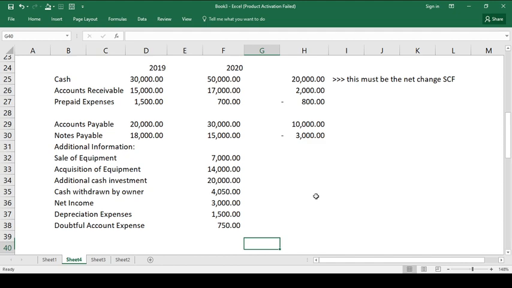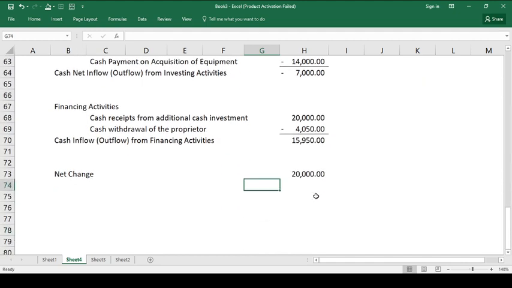However, hindi pa po tayo magtatapos dyan kasi we need to add, ayon, pangkumpleto, the cash beginning balance, okay? So, the beginning balance of cash based on the problem was 30,000 kasi by the year 2019, 30,000 po yung net cash balance.